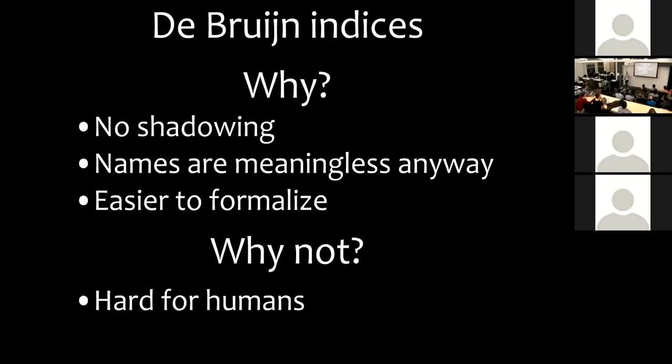So it removes information that we don't need, and it's easier to work with in the computer. The reason not to use de Bruijn indices, the only one that I can really come up with, is that they're hard for humans. But I think that we can get around that by certain encoding techniques and things like colors to make it easier for us silly humans, right? Computers like these, humans don't so much. But that's the choice that we're making here.